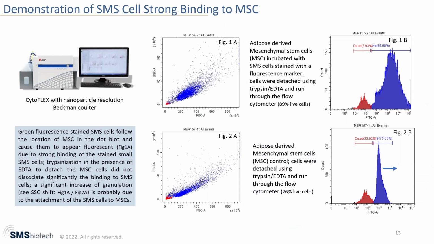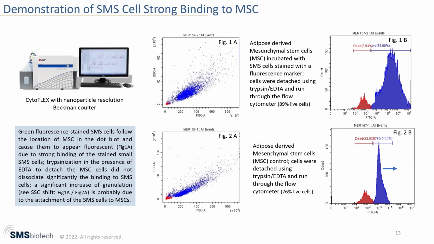This experiment demonstrates how strong that binding is to mesenchymal stem cells. We were able to detach the mesenchymal stem cells from the plates by enzymatic means, and SMS cells remain bound to mesenchymal stem cells.